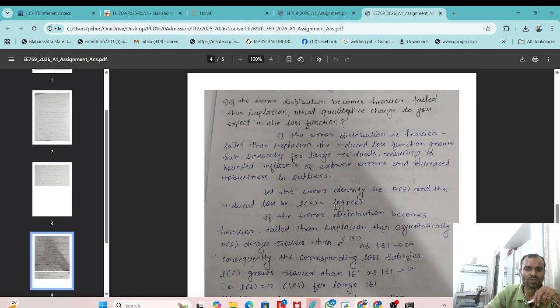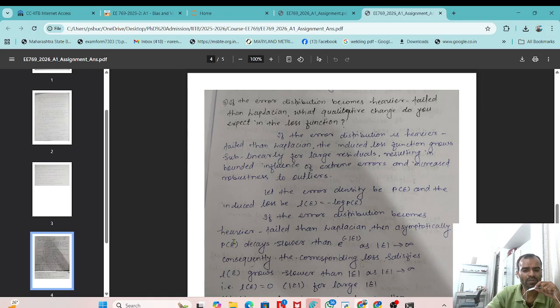A heavier tail than the Laplacian is leptokurtic, it has a long tail, and Gaussian has a light tail. Laplacian has a kurtosis much greater than 3, and then we are using the heavier tail.